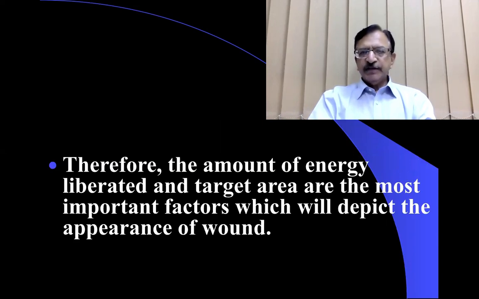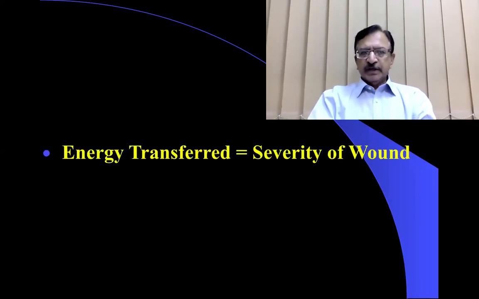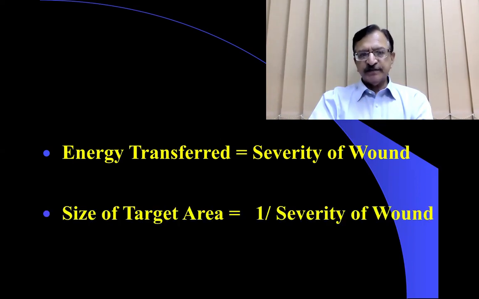Therefore, the amount of energy liberated and the target area are the most important factors which will determine the appearance of the wound. Energy transferred is directly proportional to the severity of the wound. That means the amount of energy transferred will affect the severity and the amount of damage.